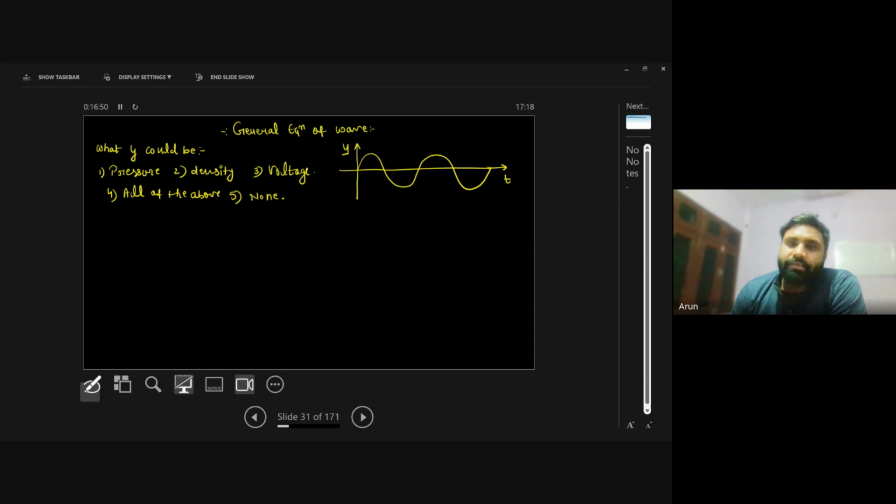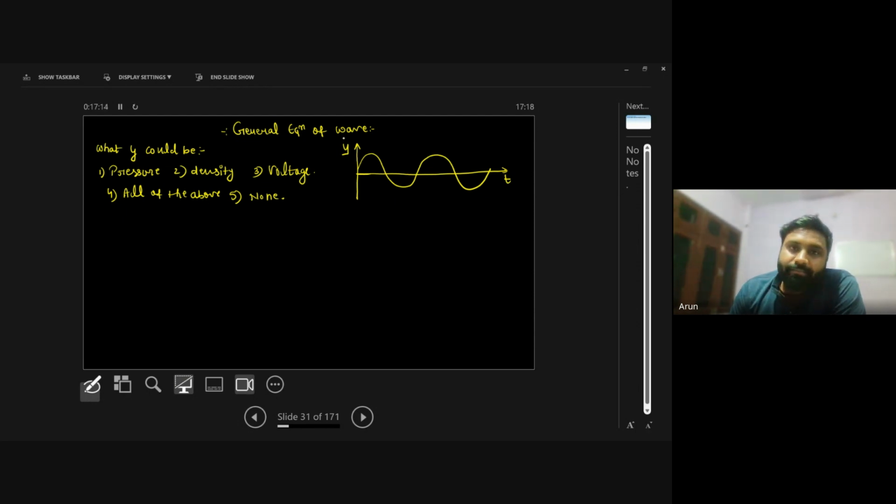So try to think. I have shown you a variation here. What should that variation belong to? What could this y be? It could be pressure, it could be density, or it could be voltage, all of the above, or none.